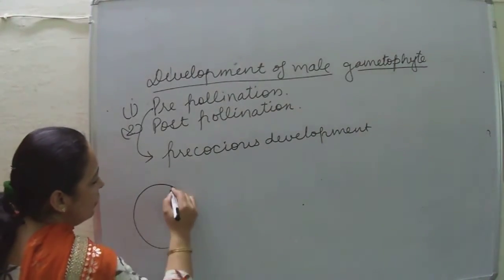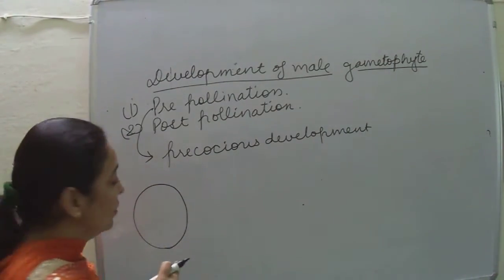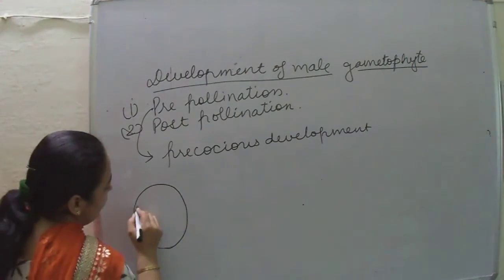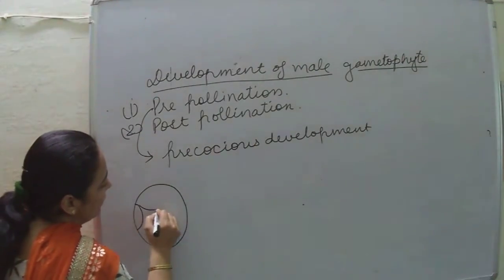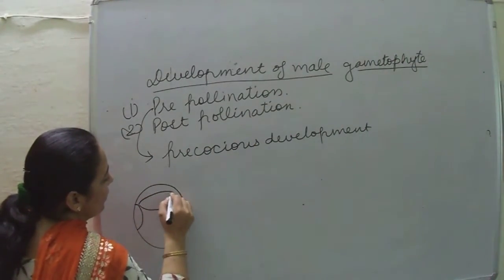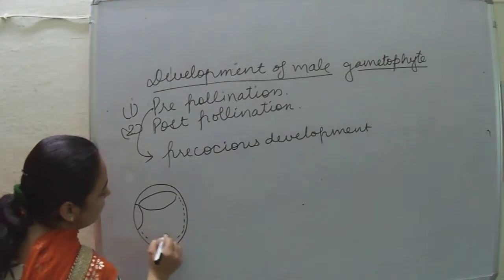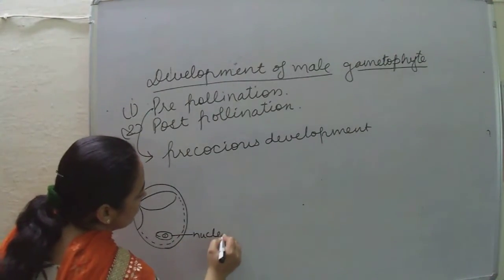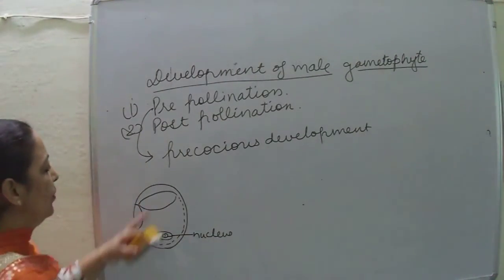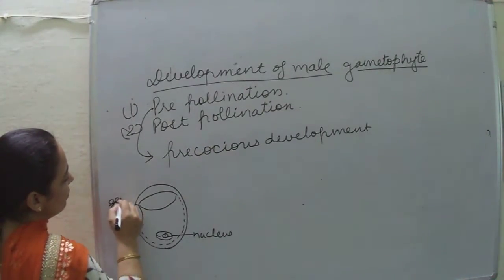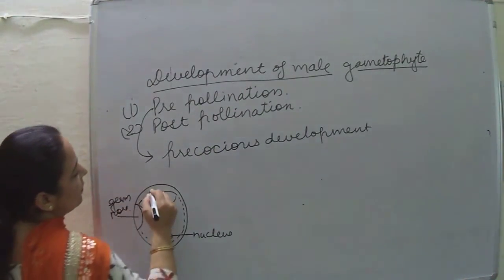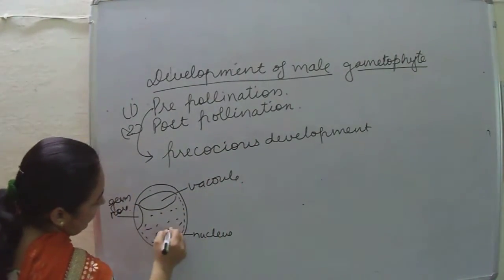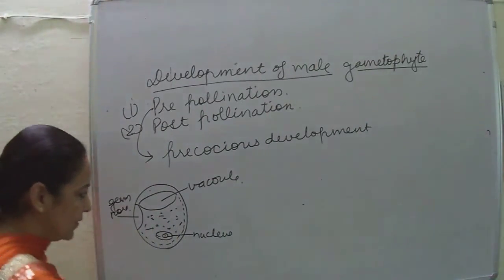See, here is the pollen. Now I am not going to draw the exine outside; you understand the exine is present. Here is the germ pore and this is the nucleus. The pollen grain consists of one germ pore, a vacuole, and one nucleus.